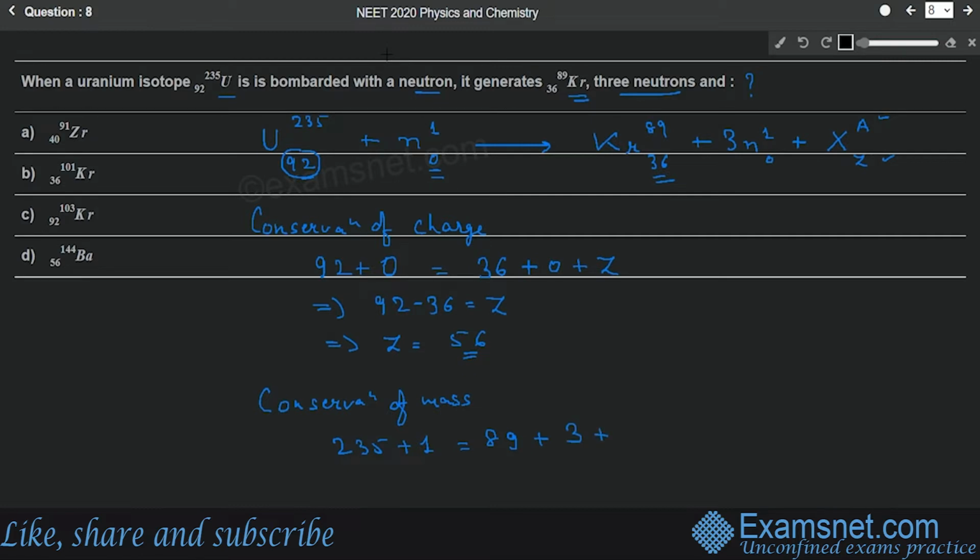Then element X has mass number A. Let's equate this. 235 plus 1, that means 236, equals 89 plus 3, that means 92, plus A. So we can find A, that is equal to 236 minus 92, so it will be equal to 144. Out of the given options, option D will be the correct answer because barium has atomic number 56 and mass number 144, as given in the option. So this option will be correct.